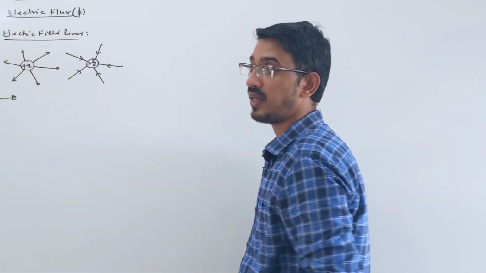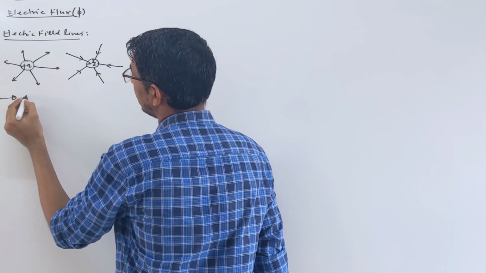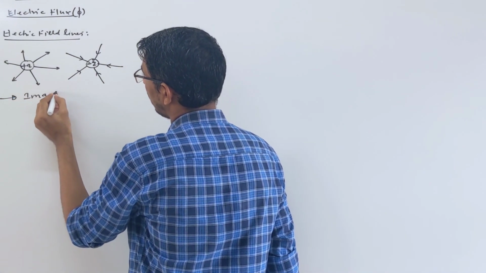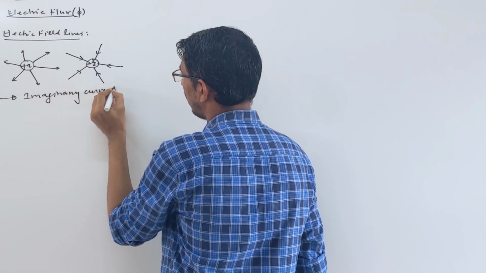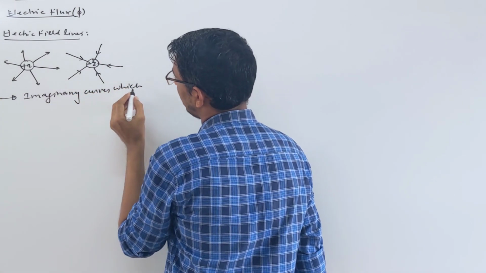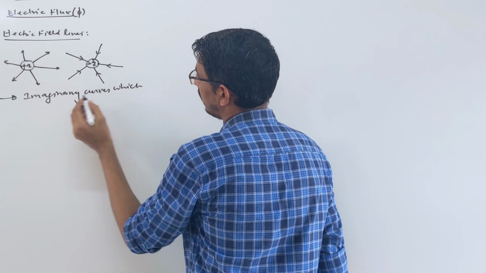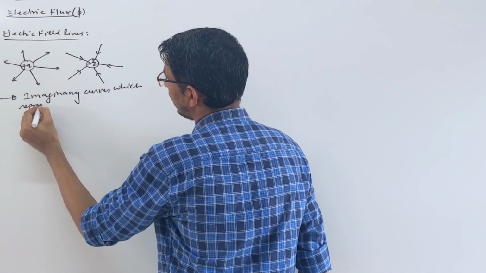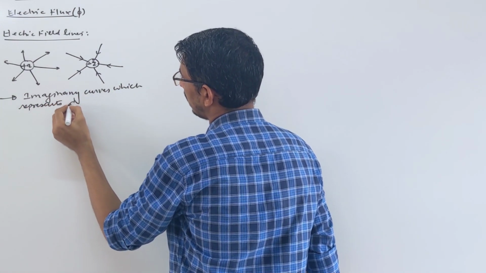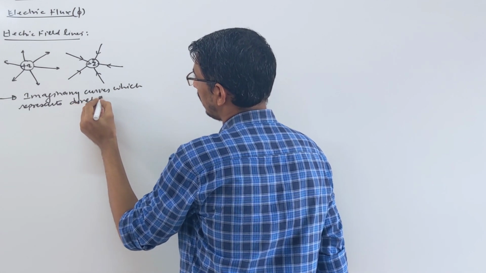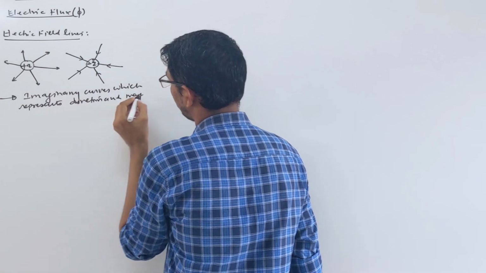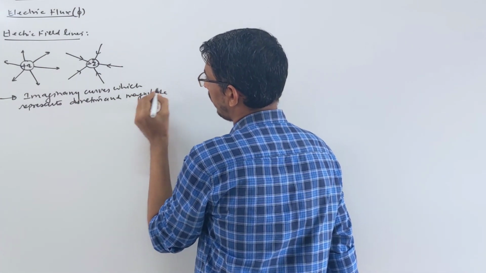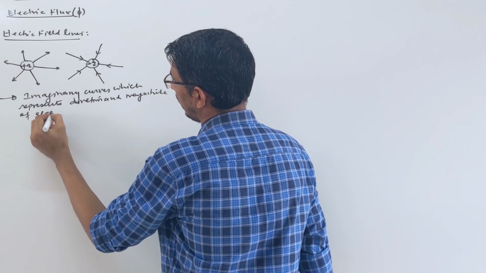So these are imaginary lines, imaginary curves, which represent the direction and magnitude of the electric field.